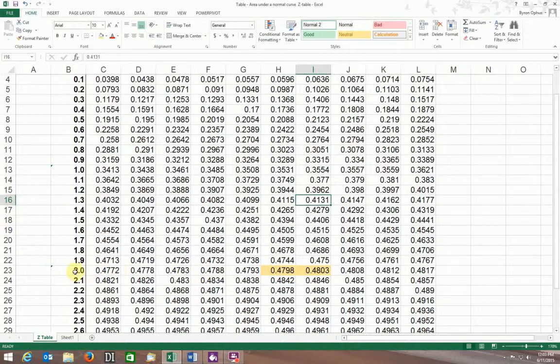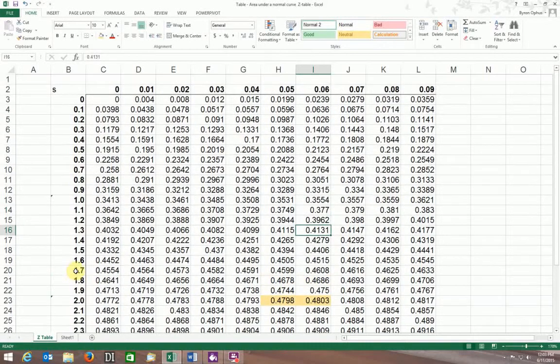Then I come over here and I have 2.0, and up here it's 0.05, so for my decision rule, I use 2.05. Let's write that out.